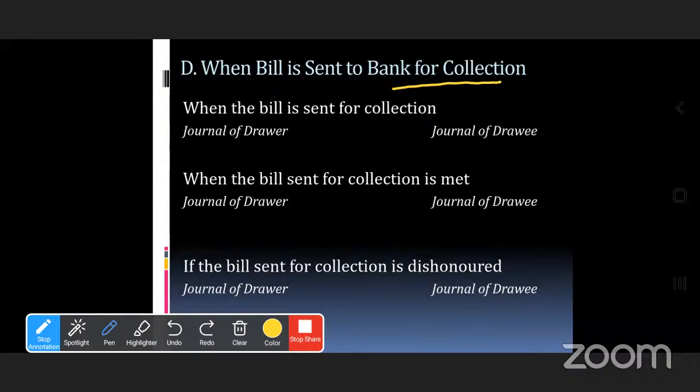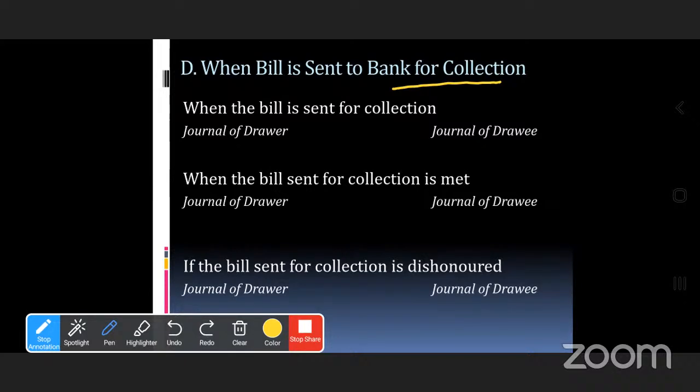In discounting, the bill is sold to the bank, whereas in bills sent for collection, the bill is taken into the custody of the bank for safekeeping and convenient collection. Now let us see the journal entries with regard to this, that is, when the bill is sent for collection.